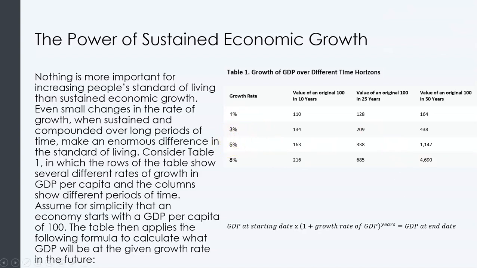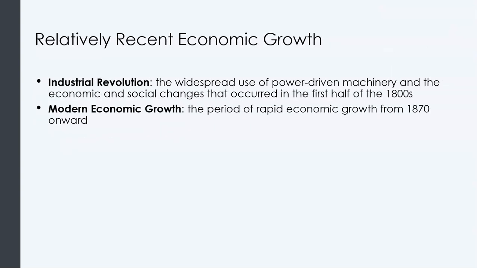So at 5% growth every 15 years, your economy is going to basically double. All right. At 8%, it's going to do it in less than 10 years on average, give or take. I wish they could give them better numbers. You could see that more clearly.